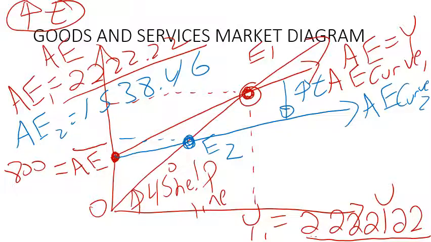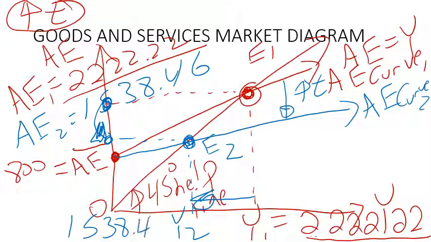They went down from this point here to this point here. All right. Now, what happens to GDP? GDP falls to Y2 from 2,222.22 to 1,538.46. All right. So this new equilibrium, E2, it represents an equality between aggregate expenditures and national income.